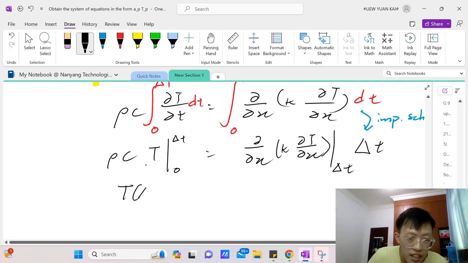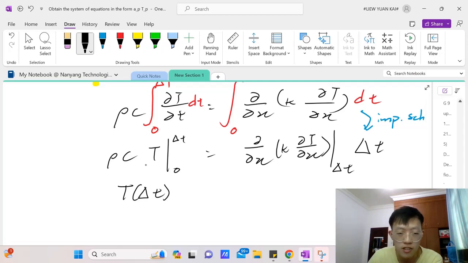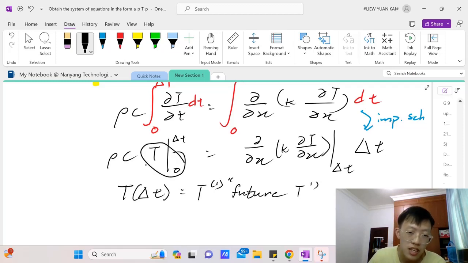T at delta t, which is the future time, the temperature at the future time, we're going to symbolize as T with a bracket of 1 at the top. T at 1. This is the future time, future T. And what about T at 0?